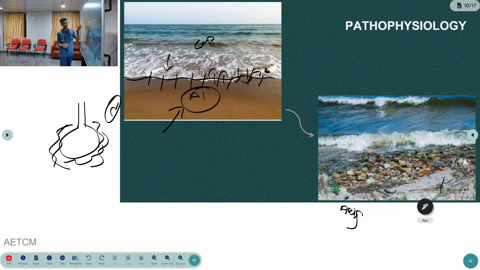There is a disruption in the layer, so no layer is there, and the fluid easily approaches the alveoli.